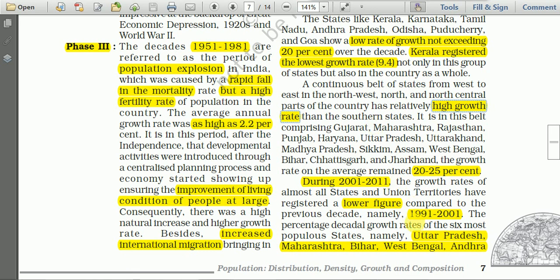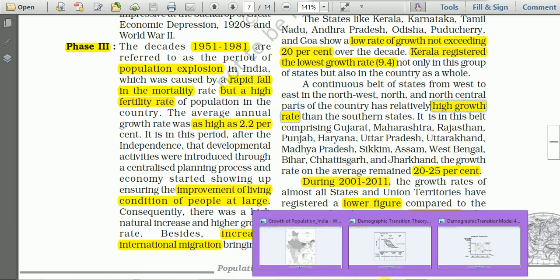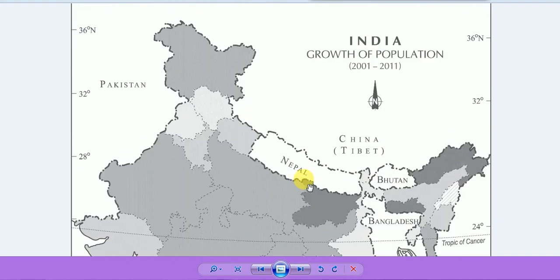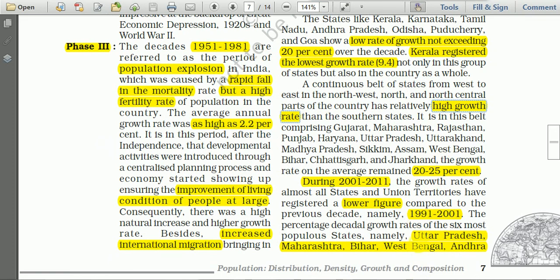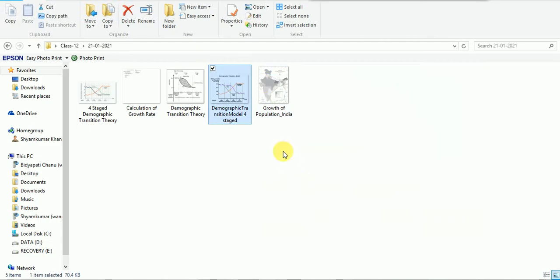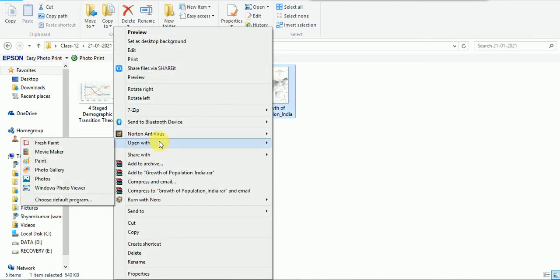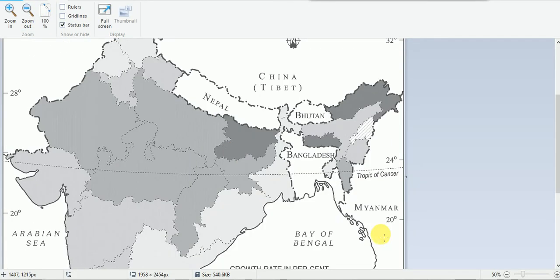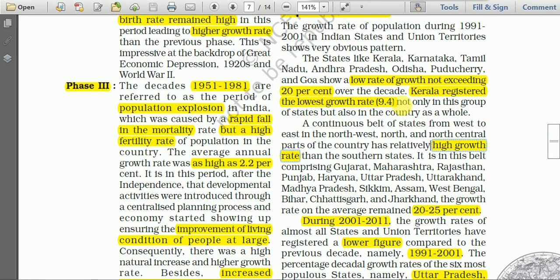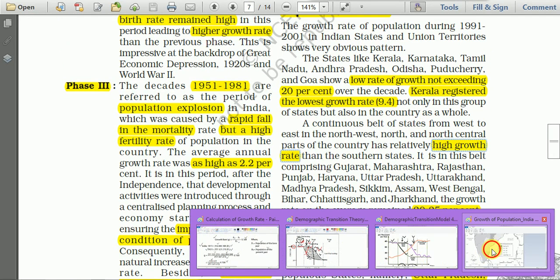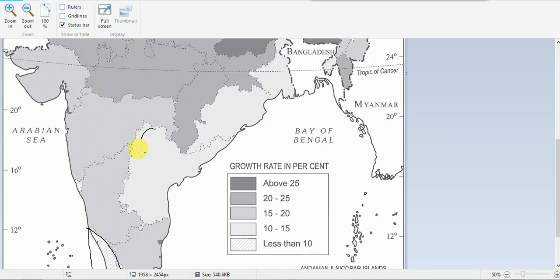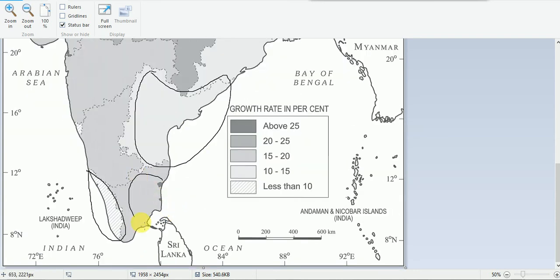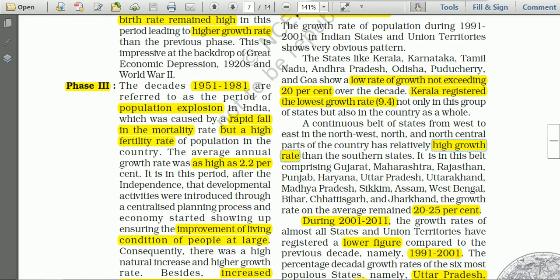So here in the previous page you will find a map as shown here. This map shows the spatial variation of growth of population in India. We have learned that states like Kerala, Karnataka, Tamil Nadu, Andhra Pradesh, see here, this Kerala, then this Andhra Pradesh, then Tamil Nadu also, and Orissa, Puducherry.